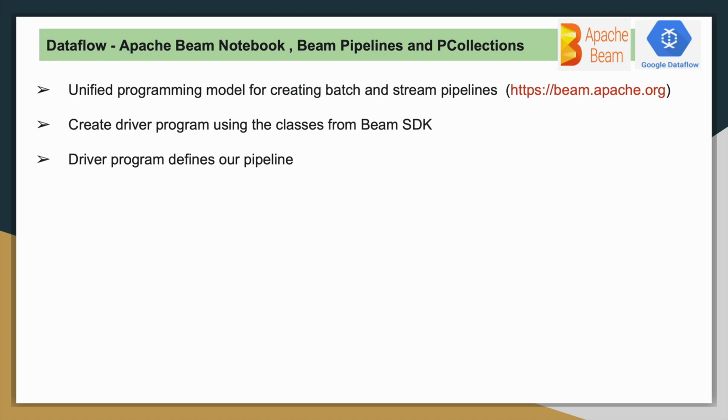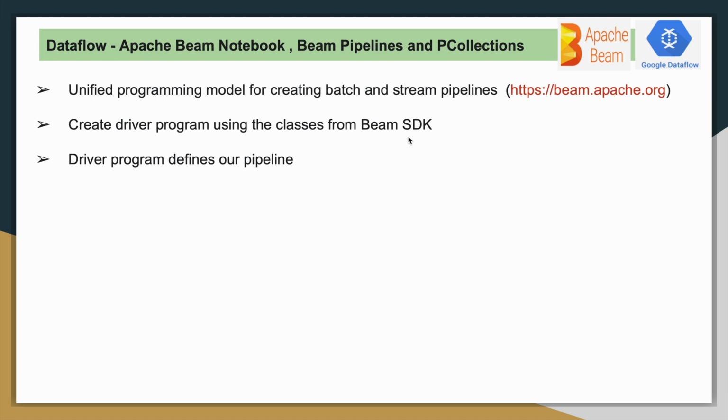In this video I would like to concentrate on the complete technical aspects of creating an Apache Beam pipeline. Basically, in order to create an Apache Beam pipeline, the first thing we'll do is create a driver program, which uses classes from the Beam SDK, the software development kit.